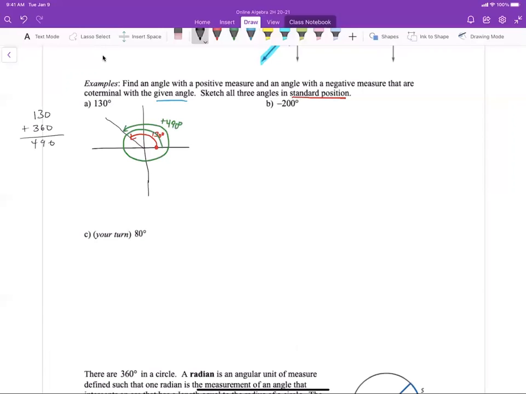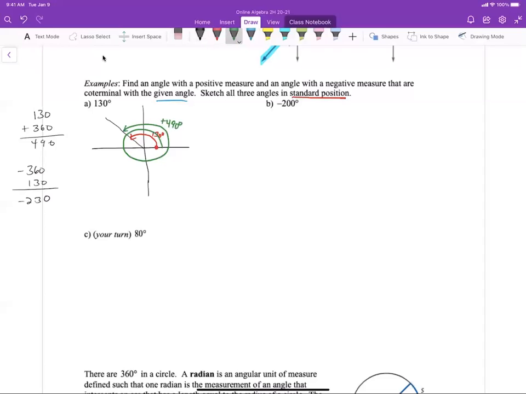Now what I need to do is take my 130 and I'm going to subtract 360 from that. Okay, so I have negative 360 and the original value was 130. So if you take the difference of the two, and then you keep the sign of the larger number, you will get negative 230.